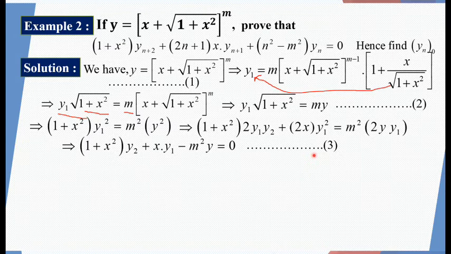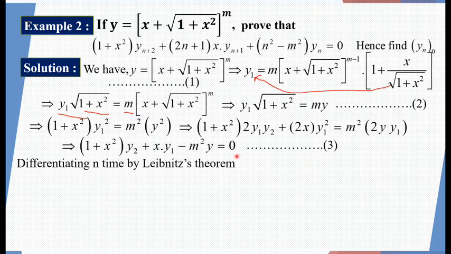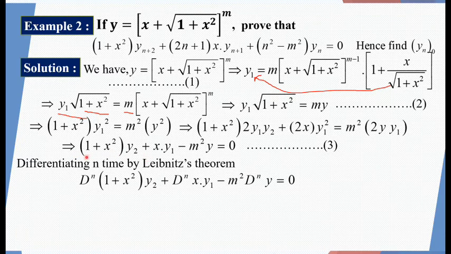So how to apply? Nth derivative of 1 plus x square into y2 plus nth derivative of x y1, this m square is a constant, so the nth derivative of y. Now again the question arises whether we take it first or this first.